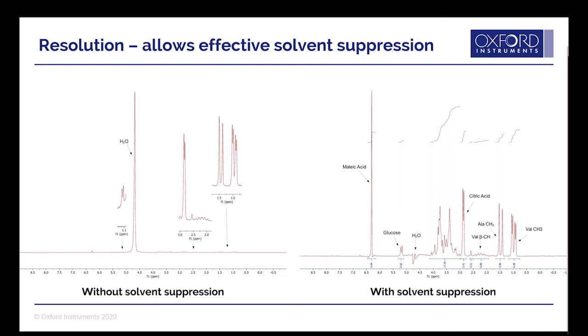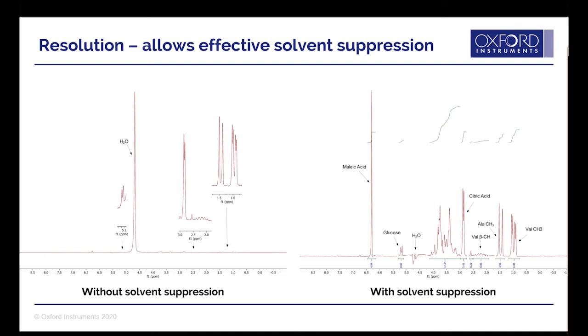Or if it's very close to that solvent peak, it can actually overlap with it and be even harder to distinguish. Whereas because we've got the resolution, we can suppress that solvent peak in a very, very narrow band, so just removing the solvent peak, and you can see the metabolites much more clearly.